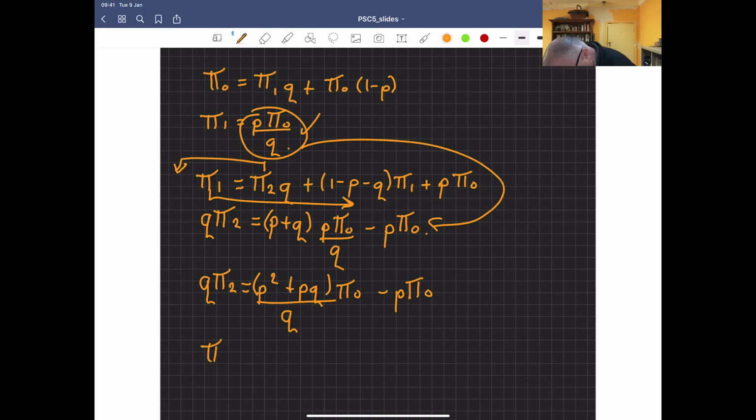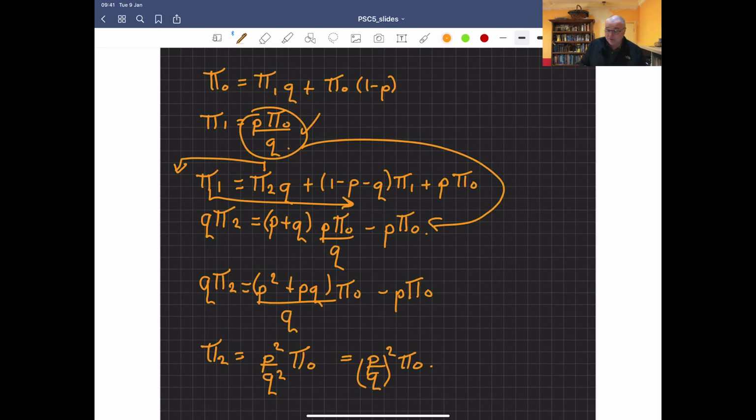And if I rearrange that, I will get pi 2 equals p squared over q squared pi 0, which we could write as p over q squared pi 0. So we've got pi 2 in terms of pi 1. We've already got pi 1 in terms of pi 2.